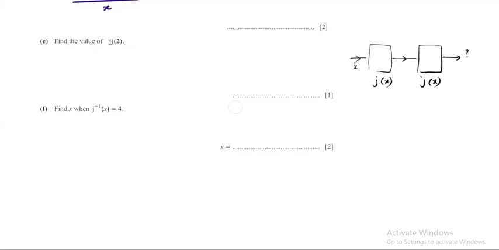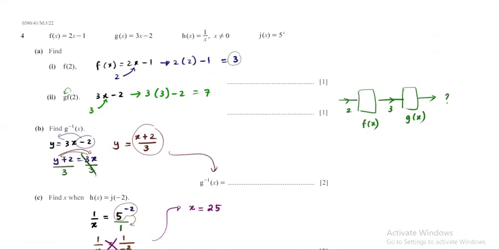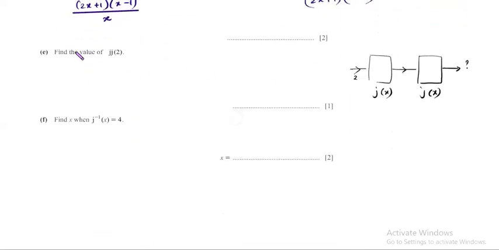Now here, j of x function is 5 to the power x, which means here the x is a 2. That means when x is 2, this becomes 5 to the power 2. That is equal to 25.